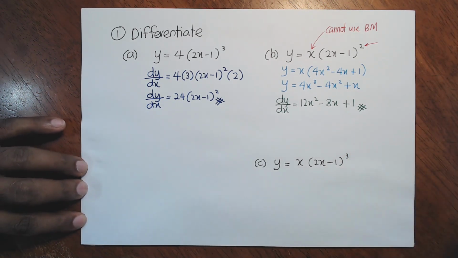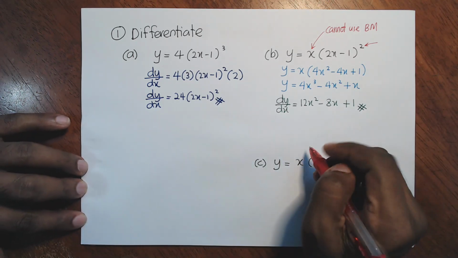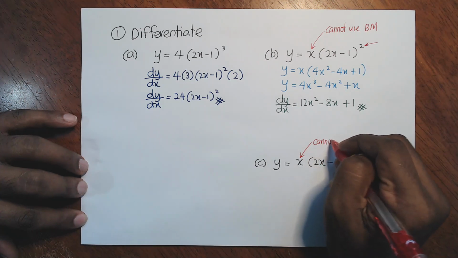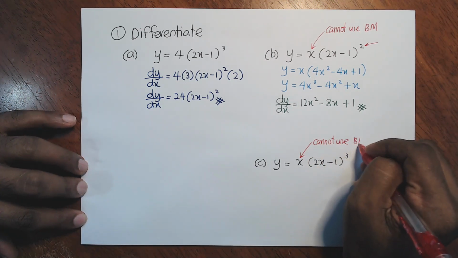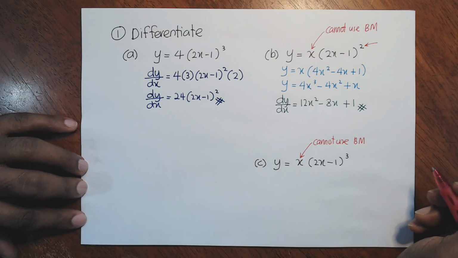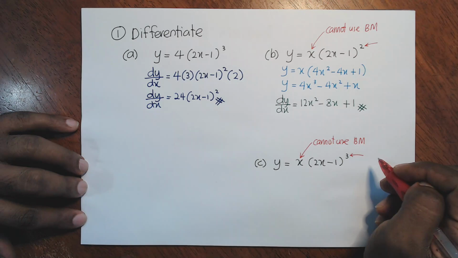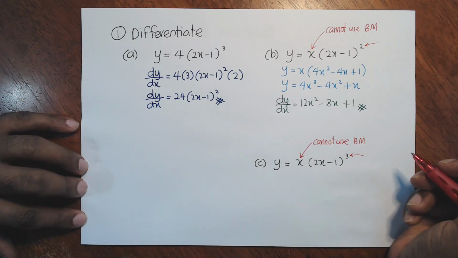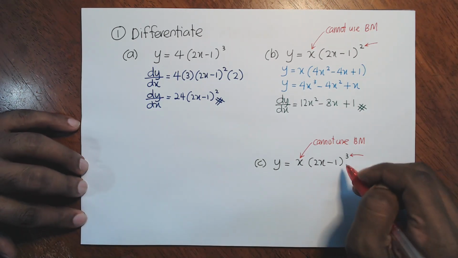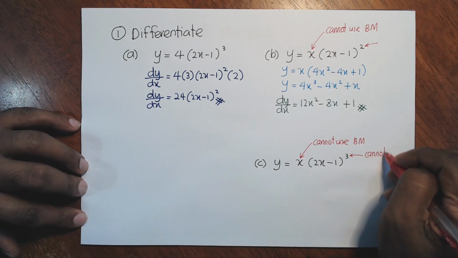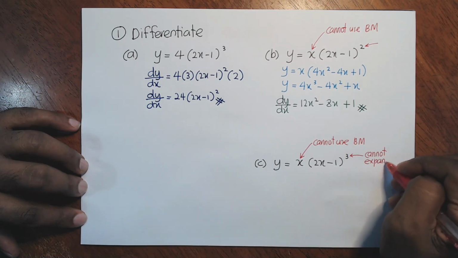But then guys, there's a question C here, right? And in question C we also have x outside, so we cannot use the bracket method. At the same time, the power here is 3, right? In earlier videos I told you, in SPM level, if the power is 3 or more than 3, we say that we cannot expand also.